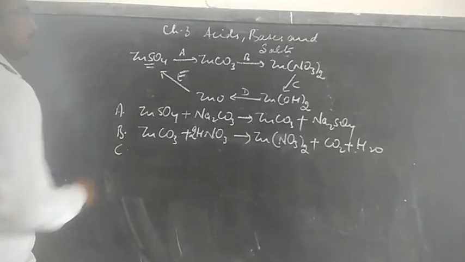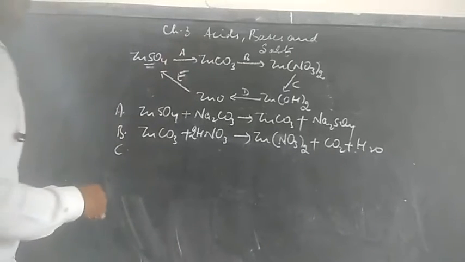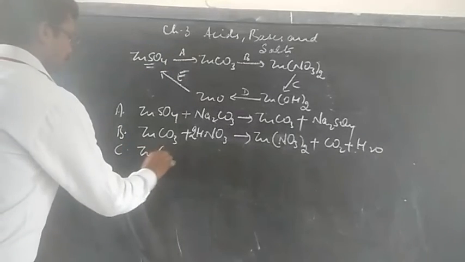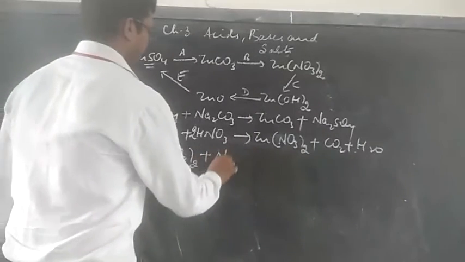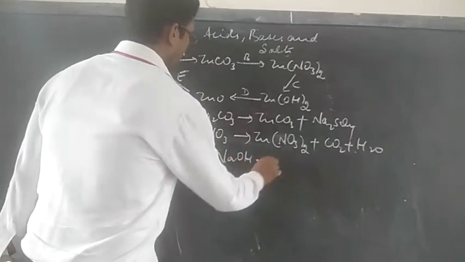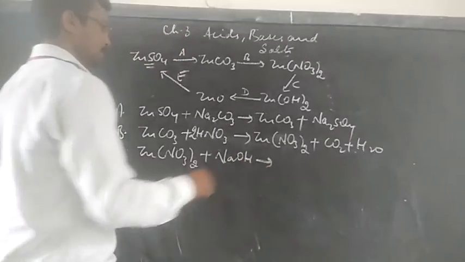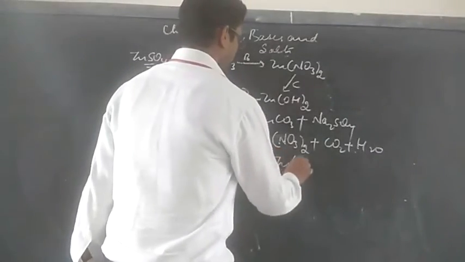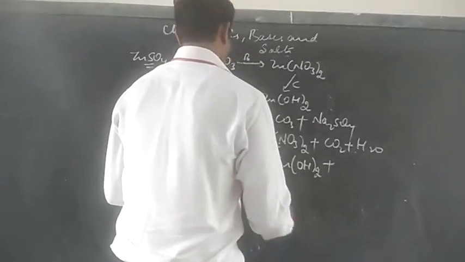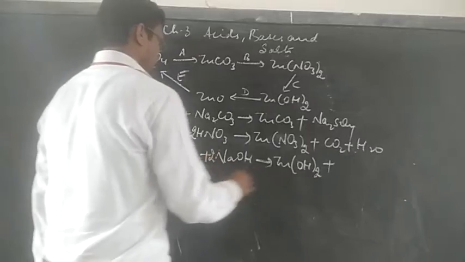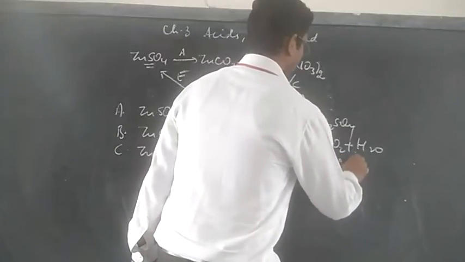Then number C, from zinc nitrate to zinc hydroxide. We can take a strong alkali like sodium hydroxide, which on reaction will give zinc hydroxide plus NaNO3.